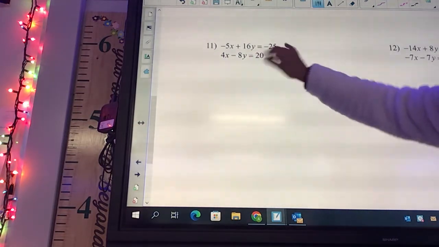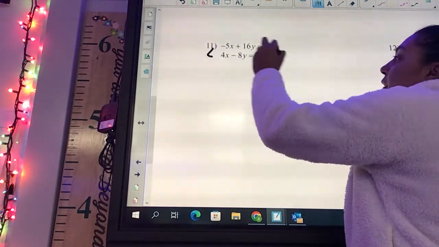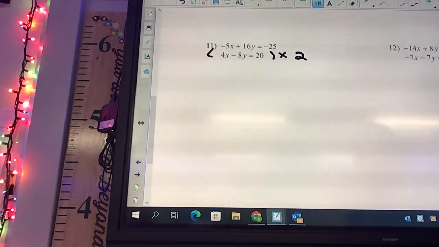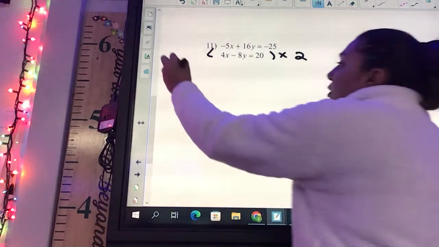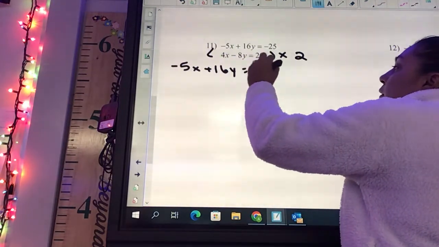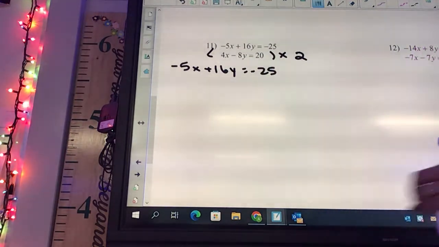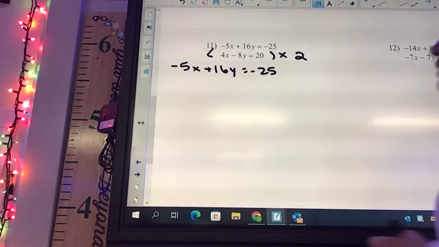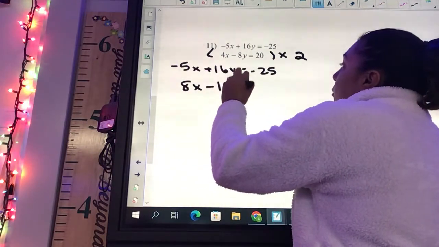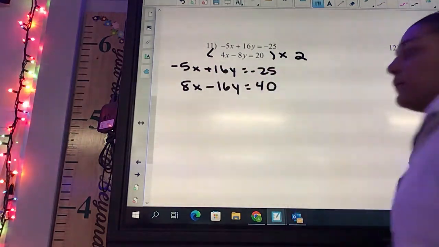So I got 8 times what gives me 16, and because this one's smaller, we're going to put a 2. The top, nothing's going to change. And the bottom, I'm going to distribute that 2 to each piece. So I got 8x minus 16y equals 40.